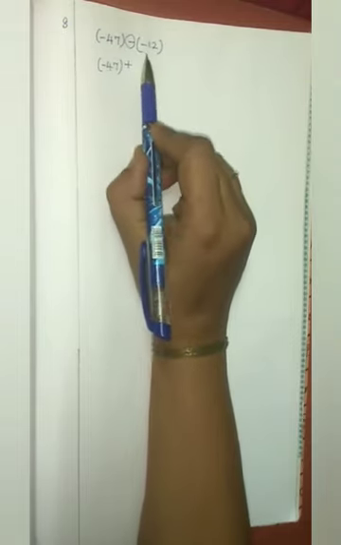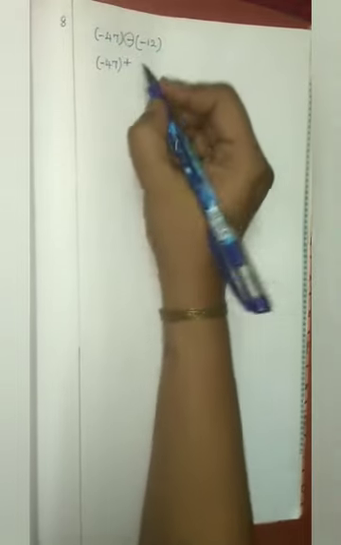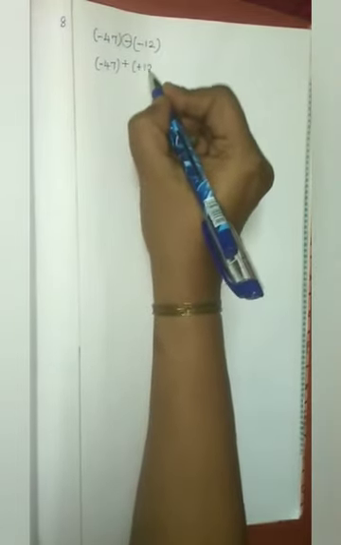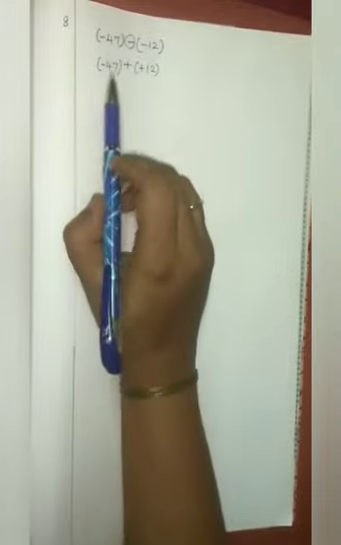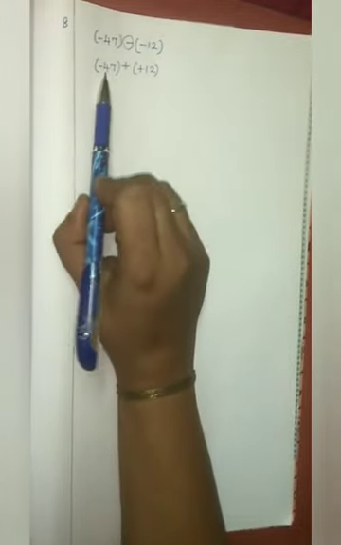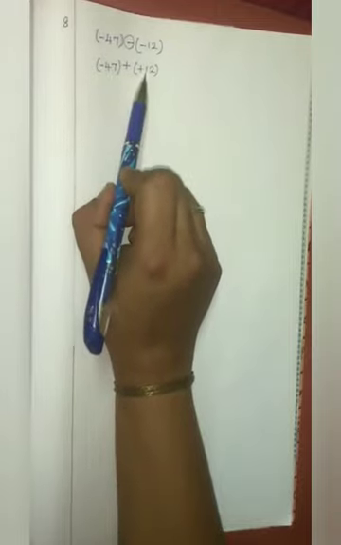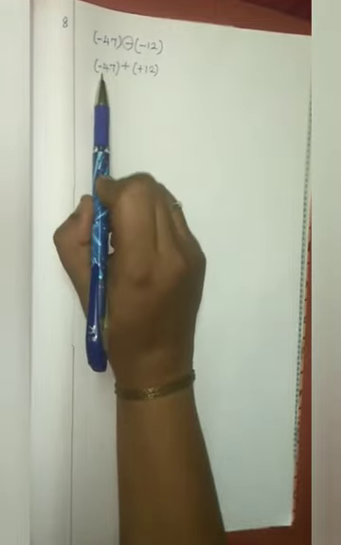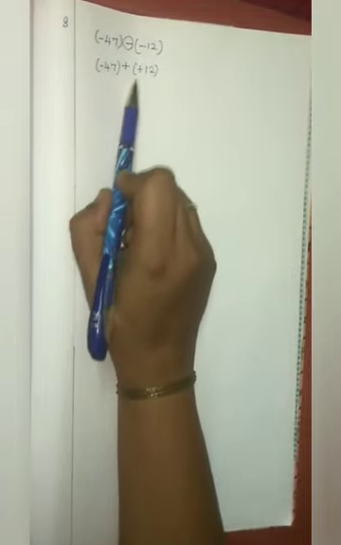What's the additive inverse of minus 12? Plus 12. Now observe the two integers. What type of integers are they? One is a negative integer, another one is a positive integer. So these two integers are of different sign.